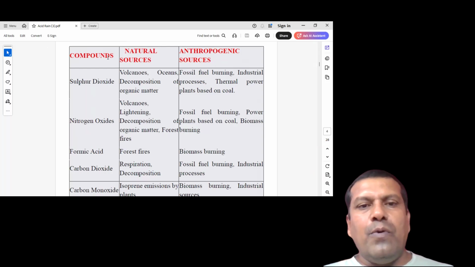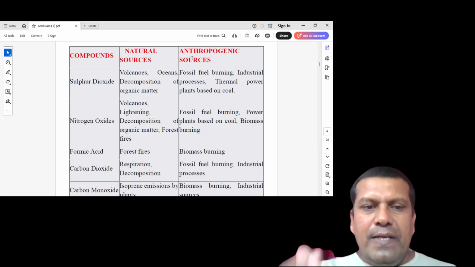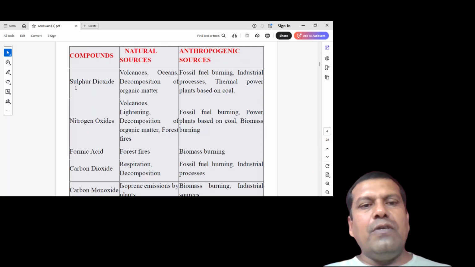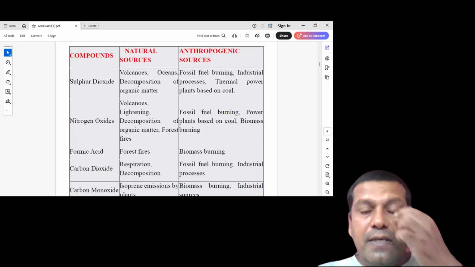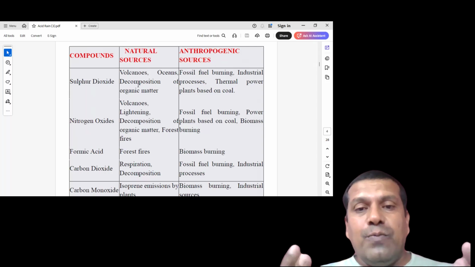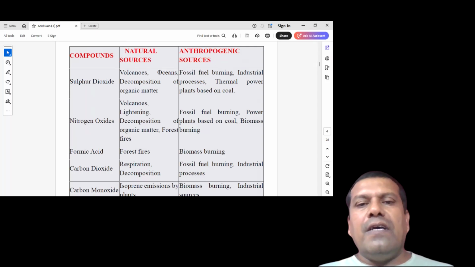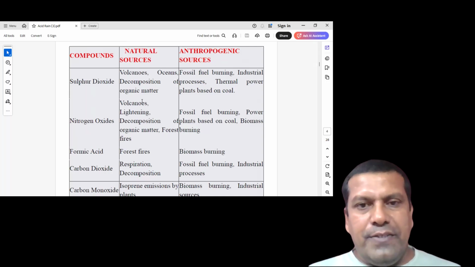There are various compounds, namely in the two columns, natural sources and anthropogenic sources, that is, human-made sources. We'll be discussing that one by one. Coming to sulfur dioxide, what are the natural sources? The natural sources are volcanoes, the emission of various gases when volcanoes erupt. Similarly, sulfur dioxide is produced from the oceans and the decomposition of organic matter.